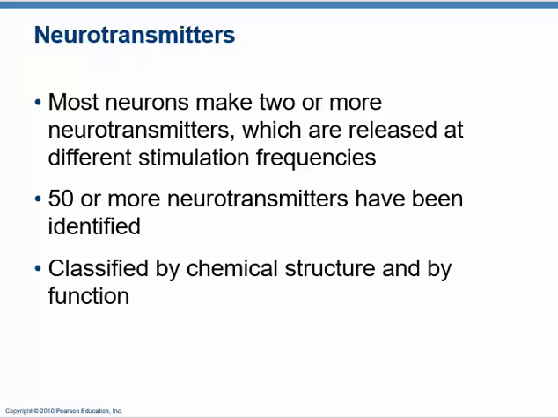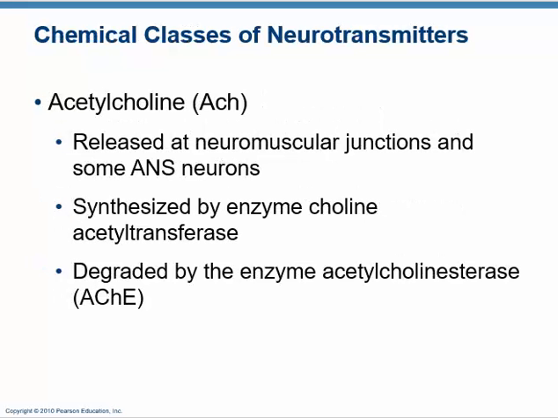So, neurotransmitters. There's 50 or more chemicals that act as neurotransmitters. We can classify them either by what type of molecules they are or by their function. Acetylcholine is a very important one.